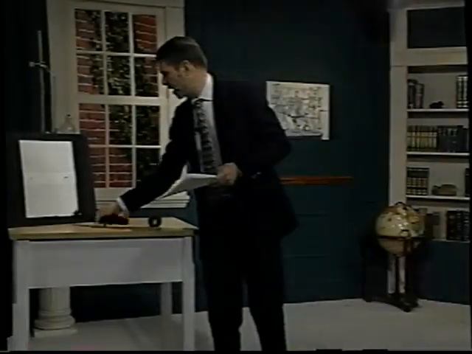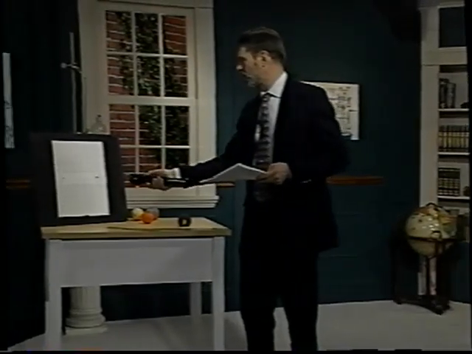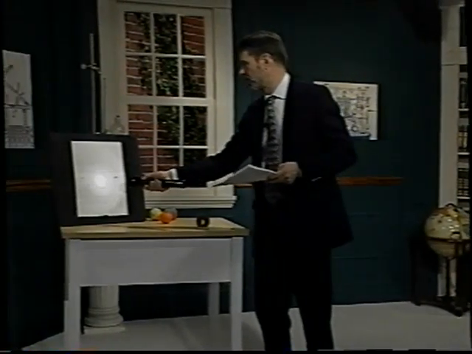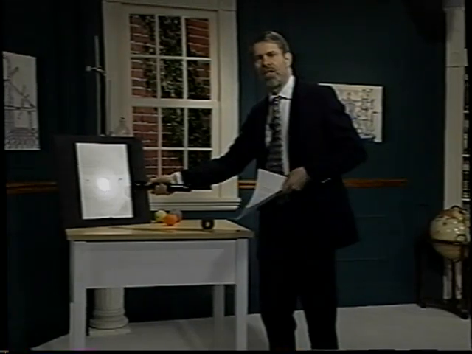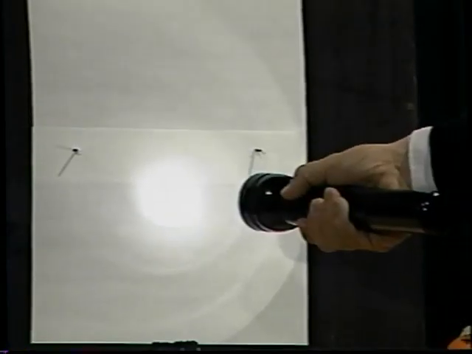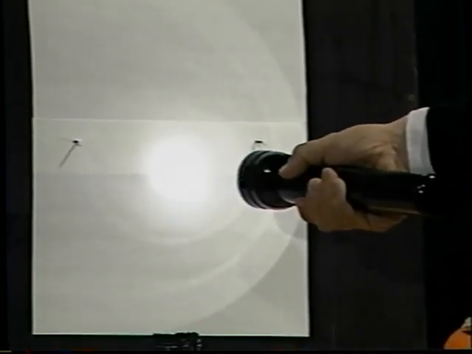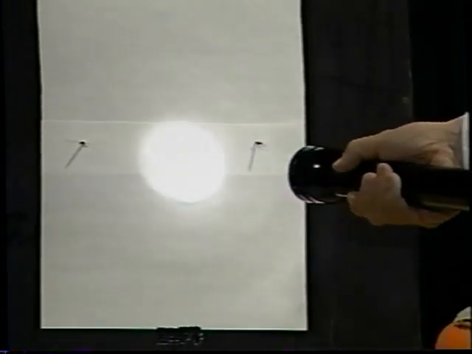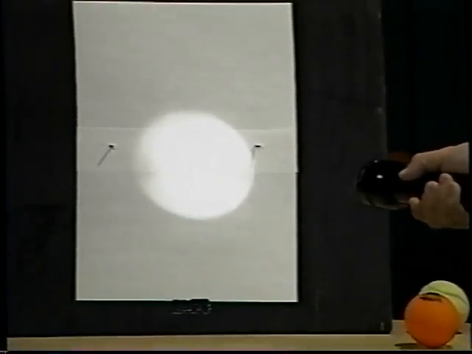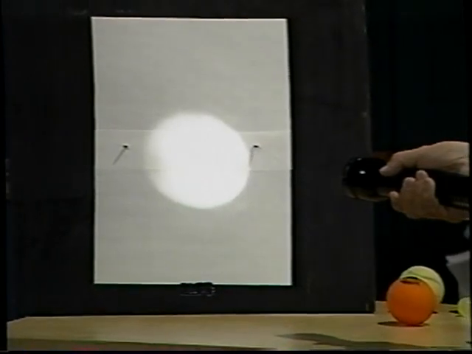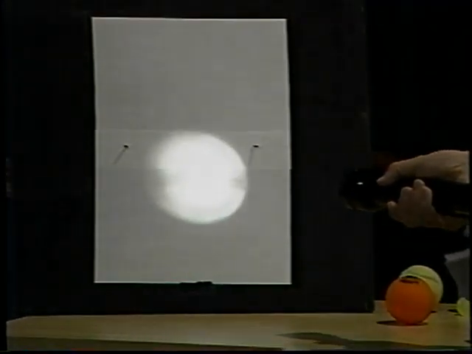Let me show you this situation. You have a flashlight shining on a surface, and it puts out a certain amount of light. Now, if I double the distance, the area of that light, the bright spot, increases. The diameter increases by a factor of 2, but the area increases by a factor of 4.